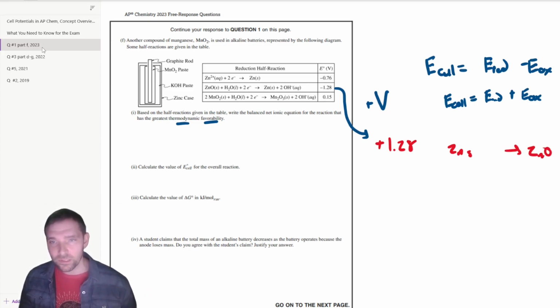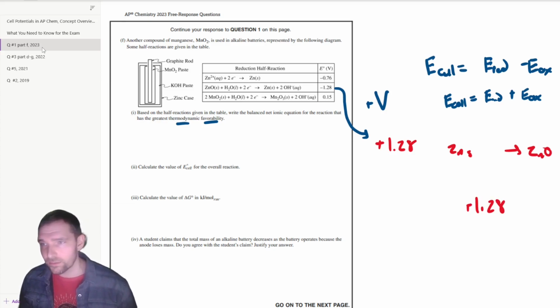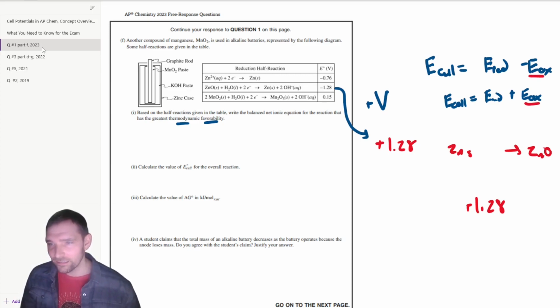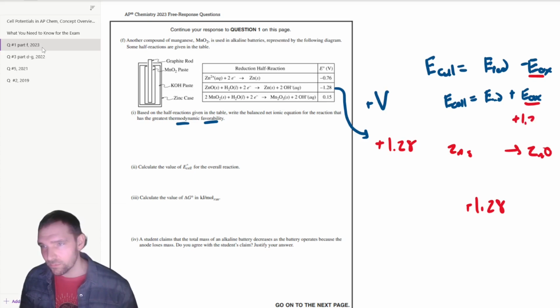So you flip the reaction, you flip the voltage. So we really want to work with the 1.28 as a positive value. And that's going to be the thing that's actually being oxidized. So you're really adding a positive 1.28 to a positive 0.15.